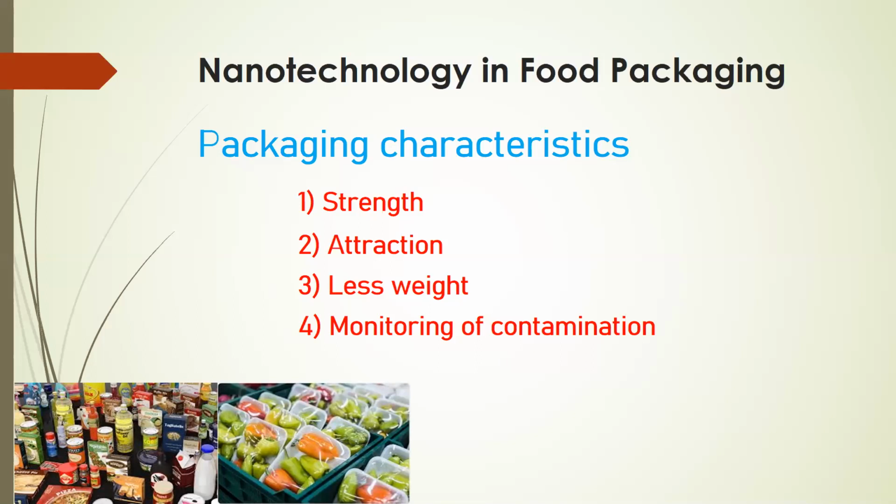The quality of the packaged materials would be enhanced if they are able to monitor contamination, and if they are able to block the contamination that might happen with the passage of time. So the more contamination-blocking the packaging material is, the more qualitative it would be.